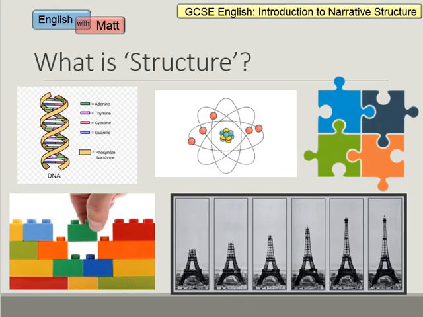So if we think about structure, before I even start looking at texts with students, I will spend part of the first lesson on structure on talking about what we mean by structure. When something has a structure, what does it mean? What things have structures?